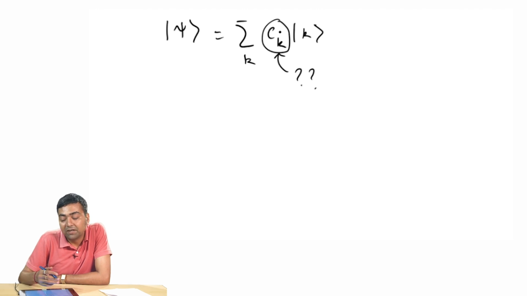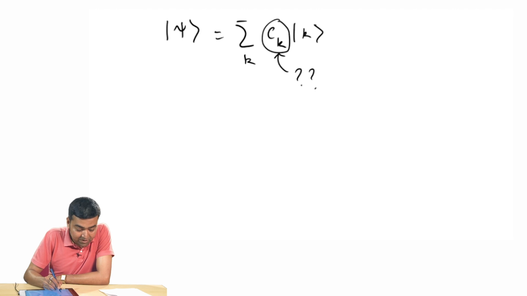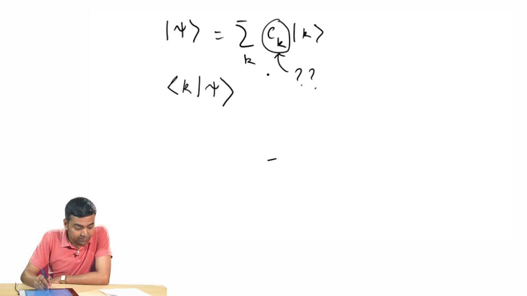So, I will take any arbitrary vector which I call |p> and project psi on it, in this k basis. What I will get is something like this, given by the sum over k of c_k <p|k>, which equals c_p.